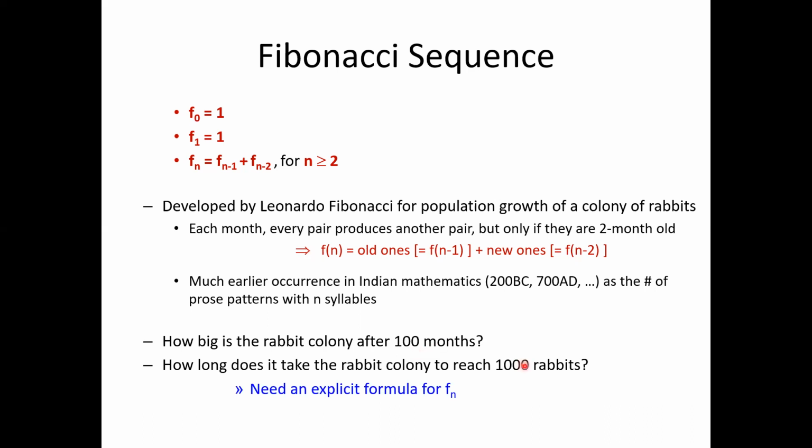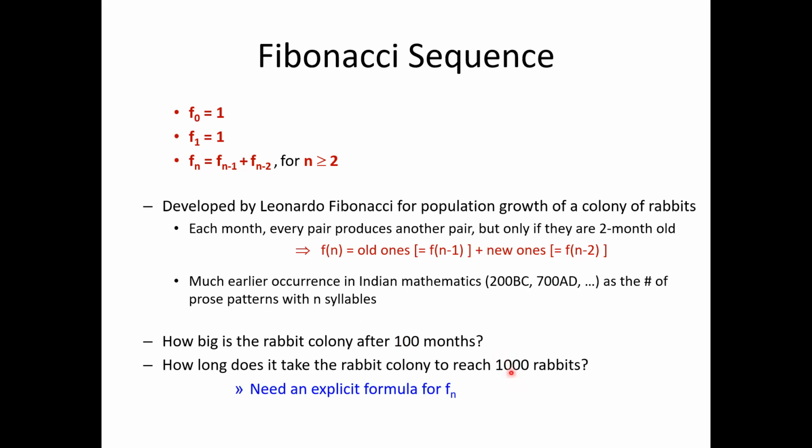Or for example, if I want 1,000 rabbits, how long do I have to wait? For each of these questions, you can, of course, compute it by hand, right? Just run this algorithm by hand, compute the consecutive sequence, and see what f of 100 is, or what's the smallest n such that f of n reaches 1,000.